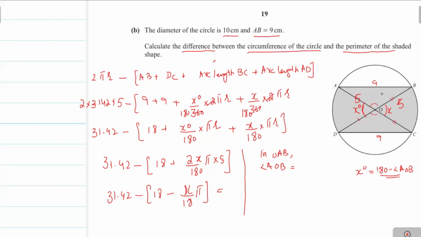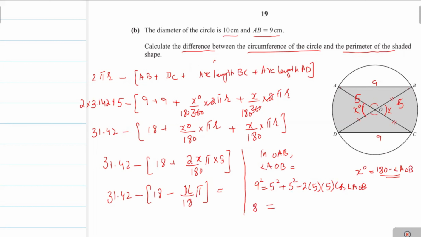In the cosine rule, the opposite length 9 squared will be equal to the sum of the squares of the other two adjacent lengths. This is length of OB, OB is 5 squared. The next length OA is also 5 squared, minus 2 times the adjacent lengths 5 into 5 into the cos of the angle between them, cos of angle AOB.